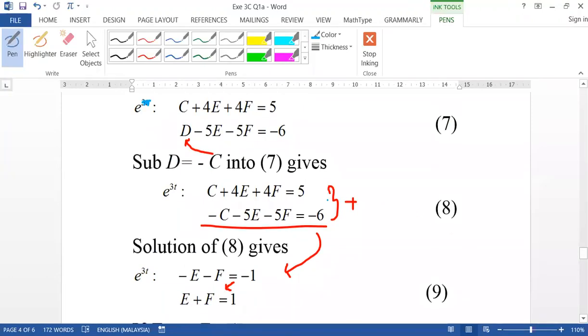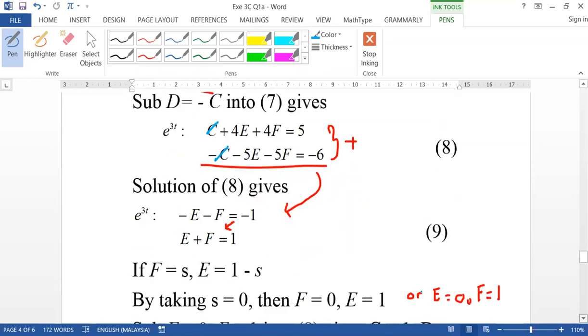If you add up these two equations, c minus c cancels, so 4e minus 5e is negative e, 4f minus 5f is negative f, and 5 minus 6 is negative 1. So I multiply both sides by negative 1, and you have e plus f equal to 1.